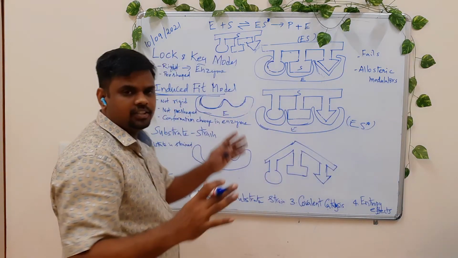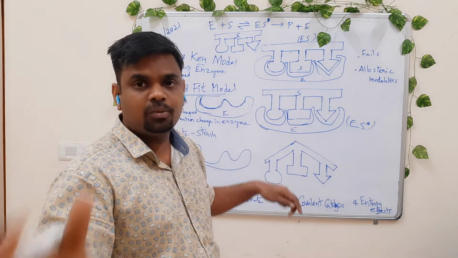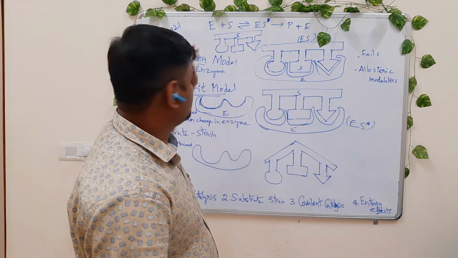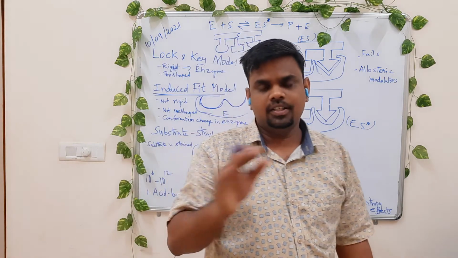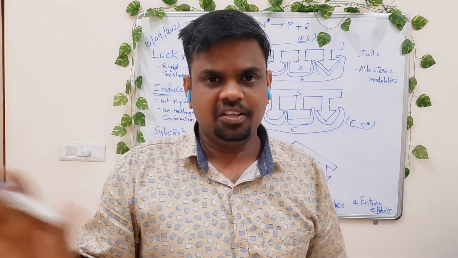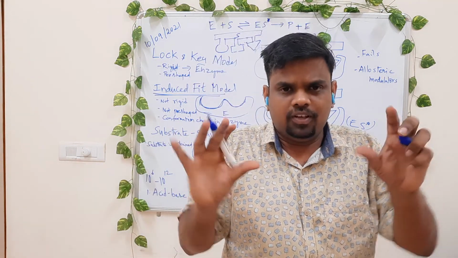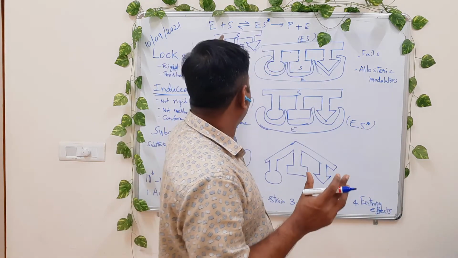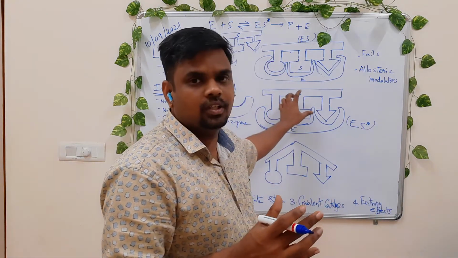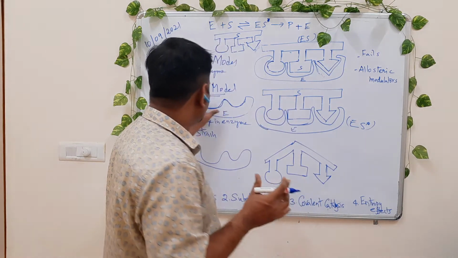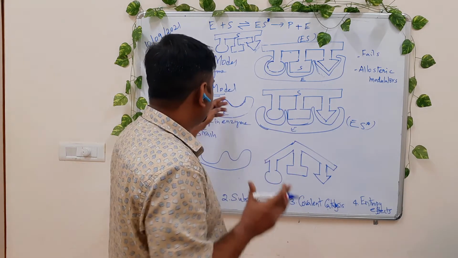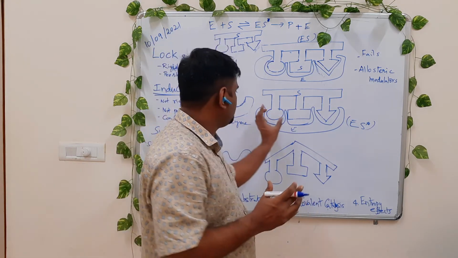According to this induced fit model, unlike the lock and key model, these enzymes are not rigid, they are not pre-shaped, they are flexible. So once a certain type of substrate comes in contact with it, their active sites, because of this interaction, change shape to fit.